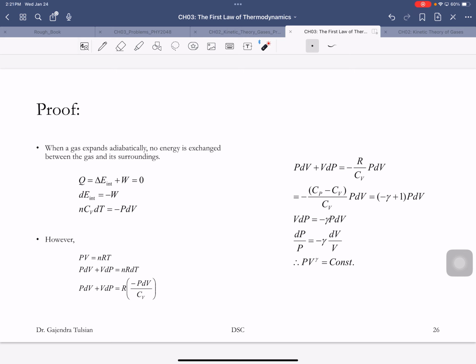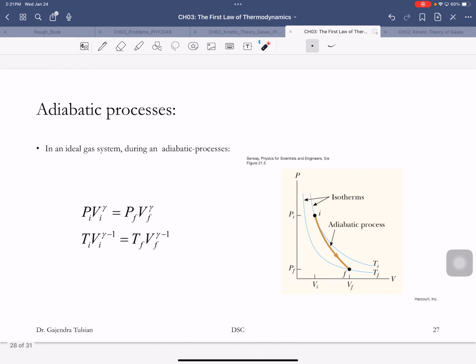And this is the proof, and again, obviously, I'm not going to go over it. It turns out that along this curve, this guy is constant, but this is also constant. Okay, so Pi Vi to the power gamma is constant, and T V to the power gamma minus 1 is constant along those curves. Okay. All right, hang on a second.